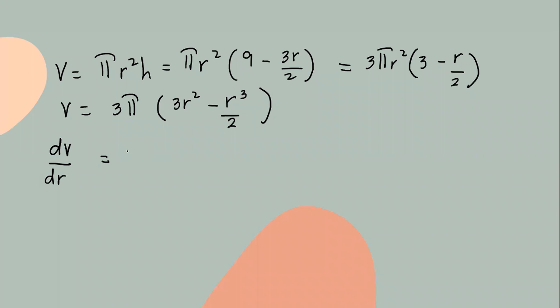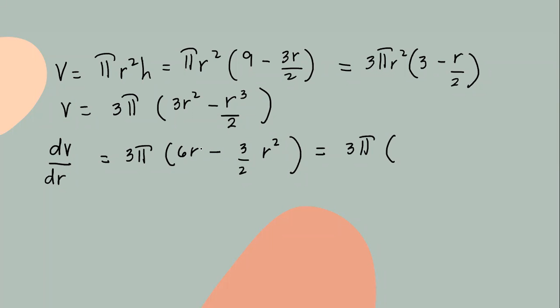You have 3 pi times the derivative of this, which is 6r minus 3 over 2 r squared. Okay, but this is equal to 3 pi. What is the common factor? Let's take out the 12.